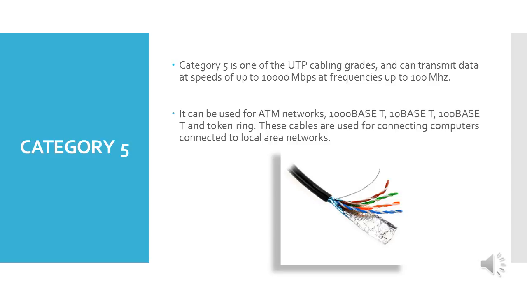It can be used for ATM networks, meaning Asynchronous Transfer Mode, in Spanish modo de transferencia asíncrona, and for token ring, a network architecture with a ring shaped physical topology. These cables are used for the connection of computers connected to local area networks.